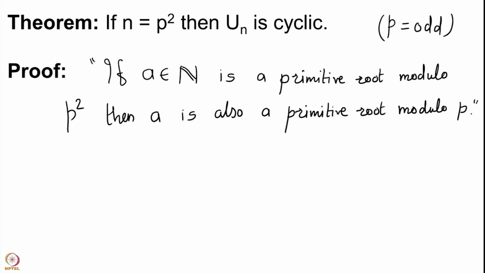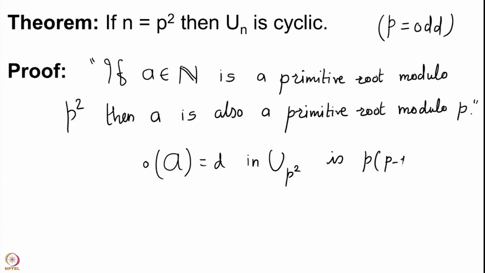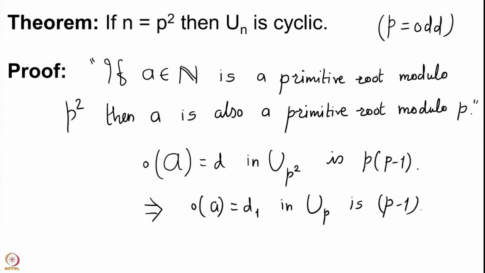So, what we observe here is that when we are starting with a being a primitive root modulo p squared, we will start with the assumption that the order of a, which is d modulo p squared, in U_{p^2} is p(p-1). This is the order. We are starting with this statement. This implies that the order of a, which we can call d1 in U_p, is p-1.